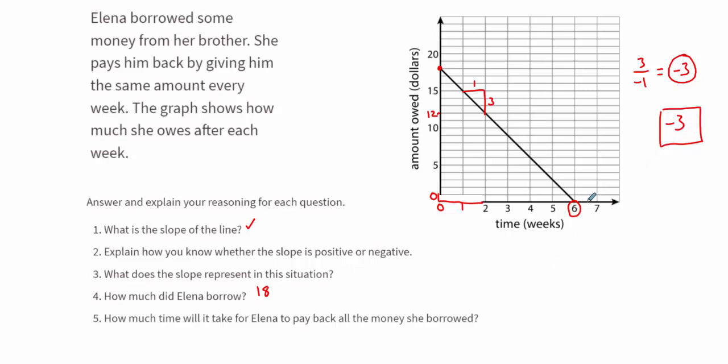And that makes sense because 6 times -3 is -18. Our starting value was $18 owed. If she pays him $18, 3 times 6 is 18. So it's going to be 6 weeks.